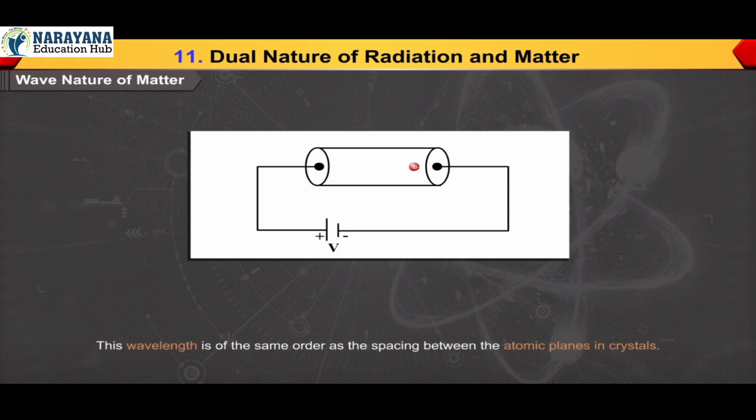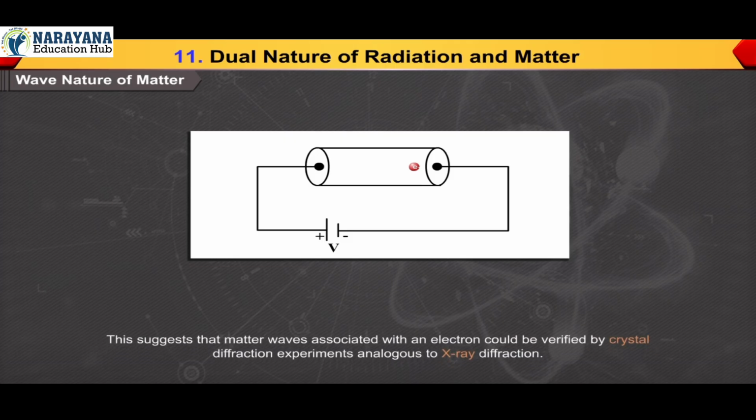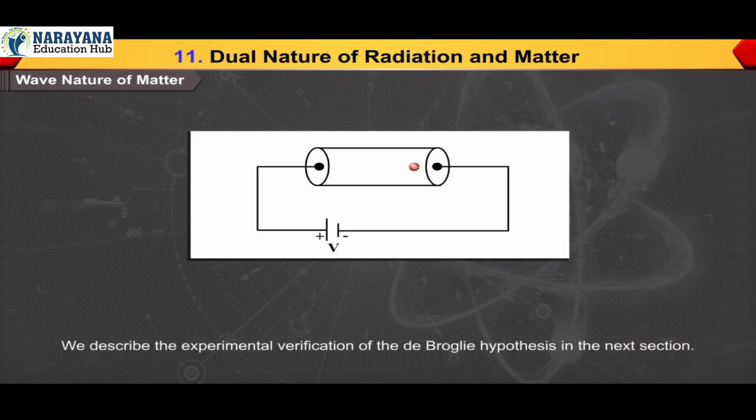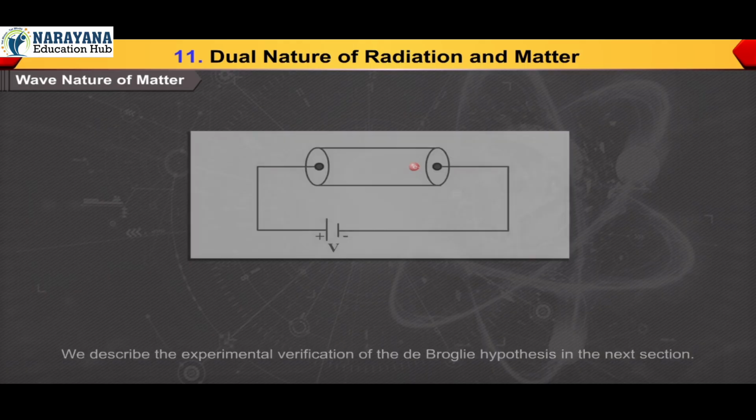This wavelength is of the same order as the spacing between the atomic planes in crystals. This suggests that matter waves associated with an electron could be verified by crystal diffraction experiments analogous to X-ray diffraction. We describe the experimental verification of the de Broglie hypothesis in the next section.